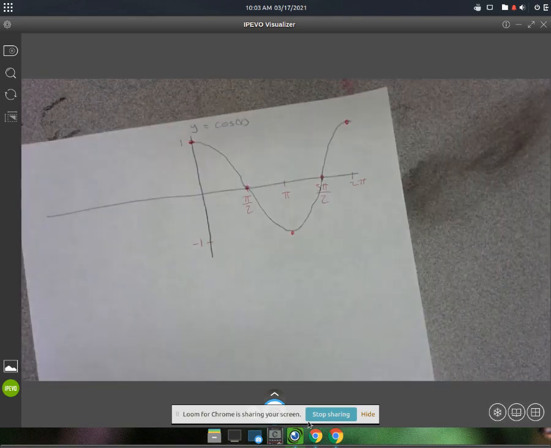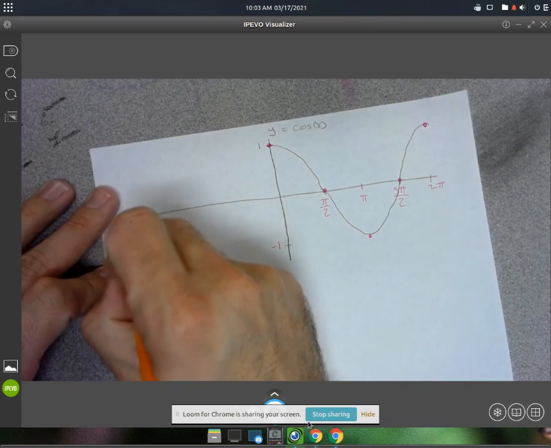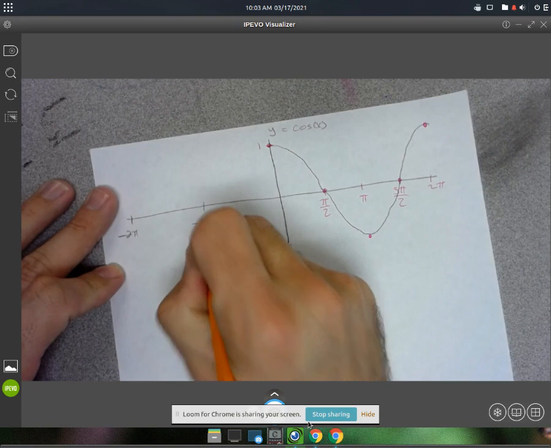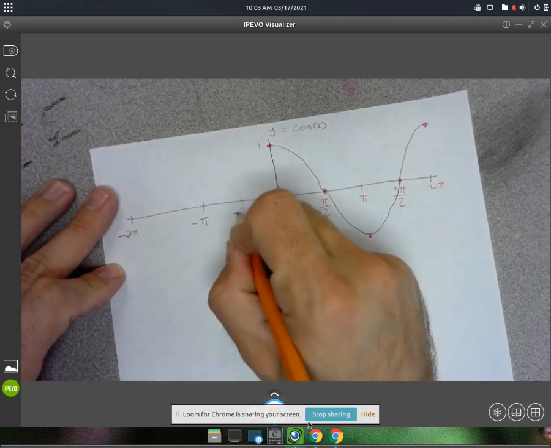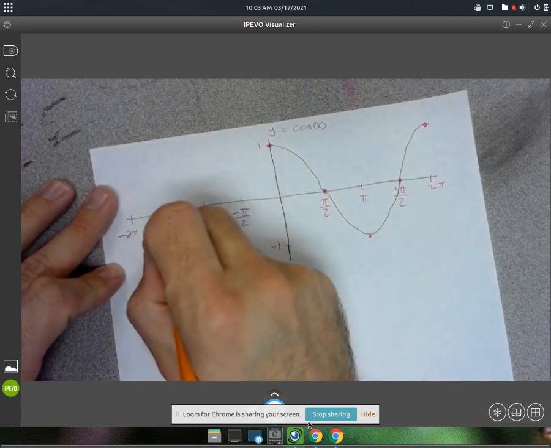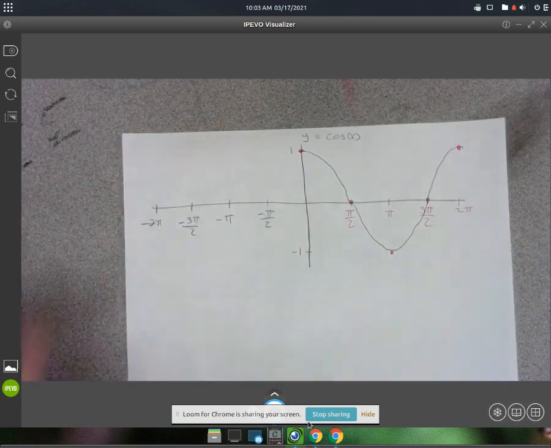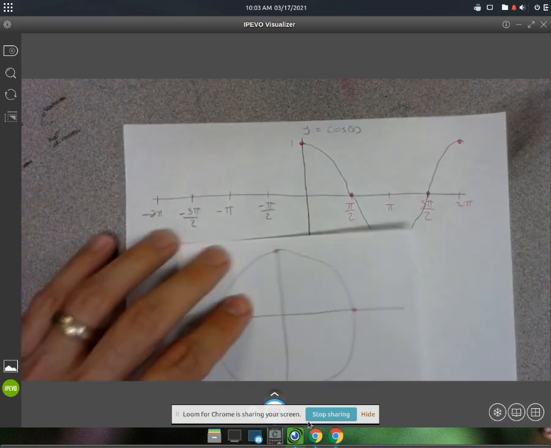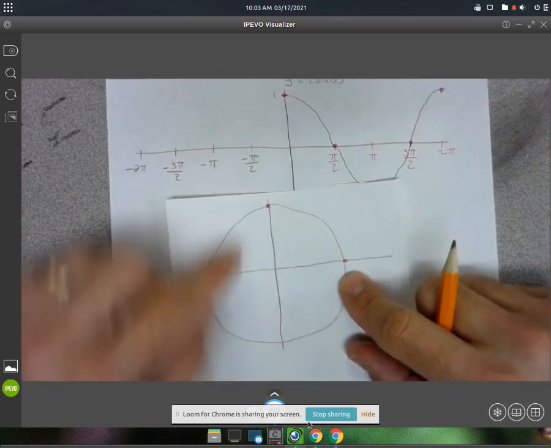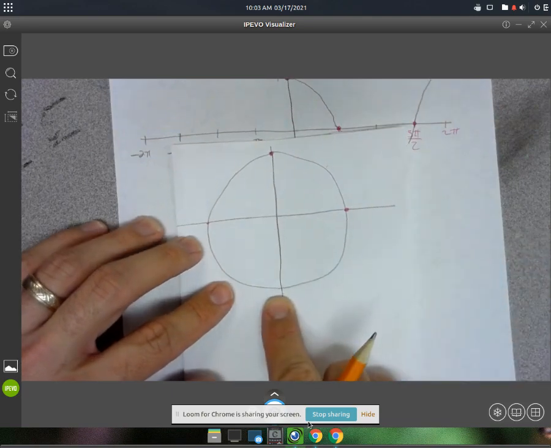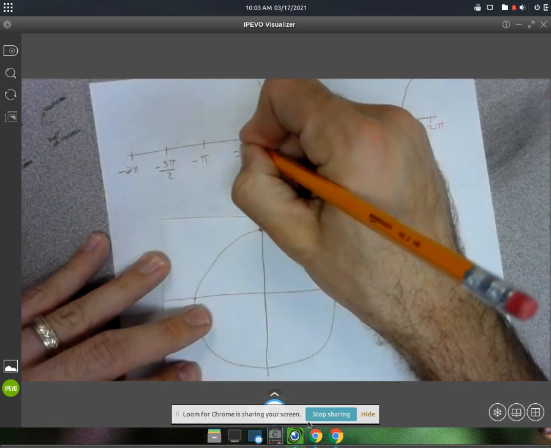All right, so let me do negative 2 pi over here. This can be my negative pi. This will be my negative pi over 2. And this can be my negative 3 pi over 2. All right, so if I go negative pi over 2 units, that's going to be rotating this way, and the x value there is 0. So I got 0.